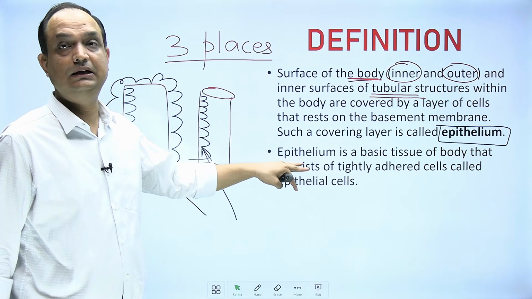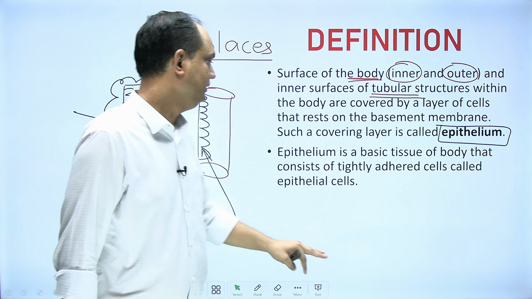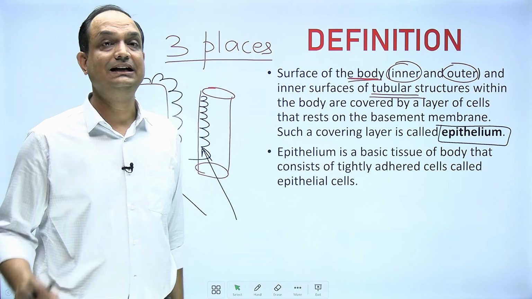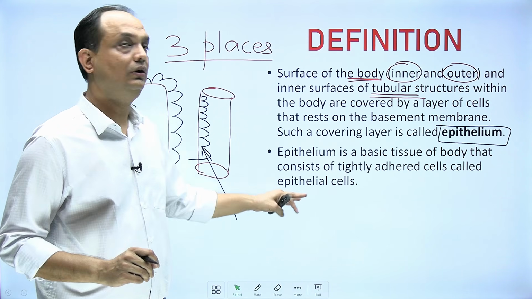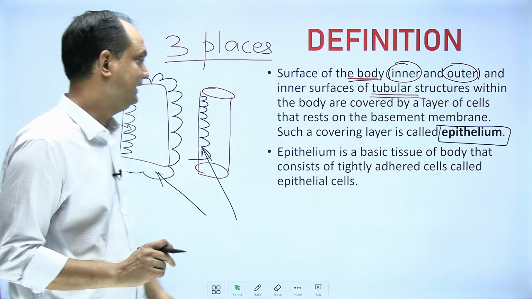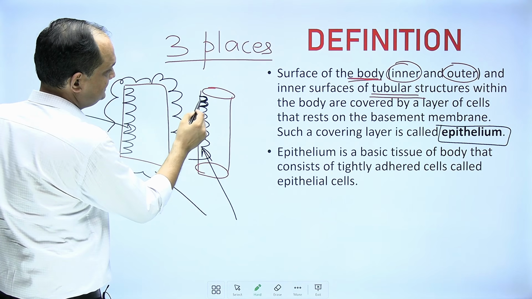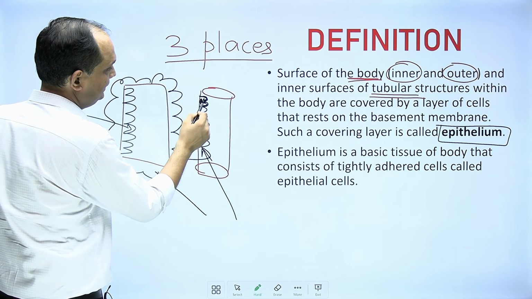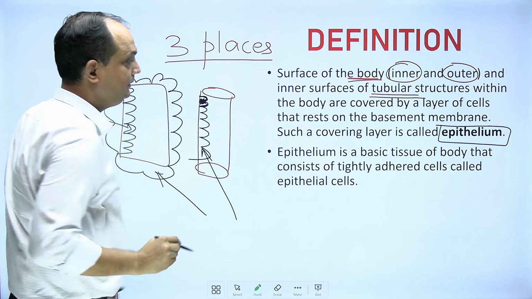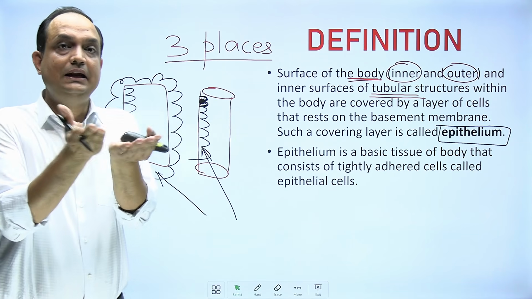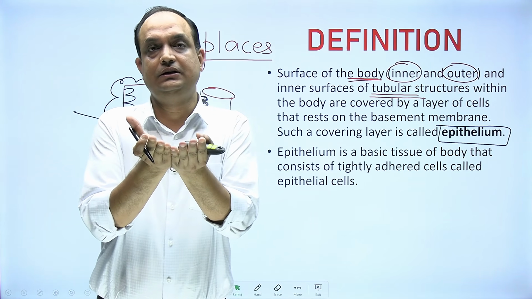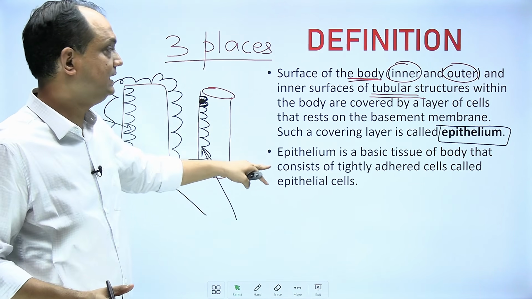Now the epithelium is a basic tissue of the body that consists of tightly adherent cells which are called epithelial cells. That means when you see two cells, they have some material that keeps the two cells adherent to each other. And these are basic tissues.